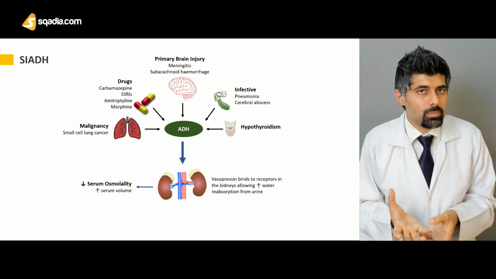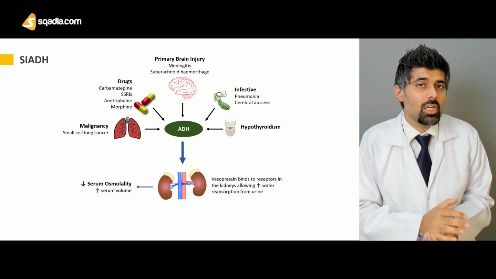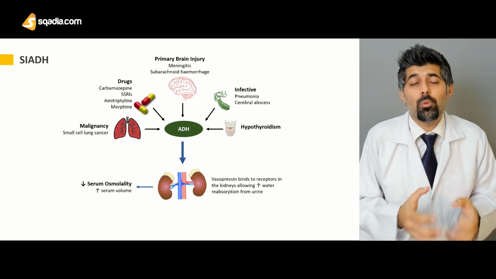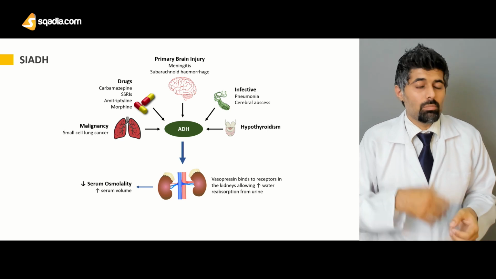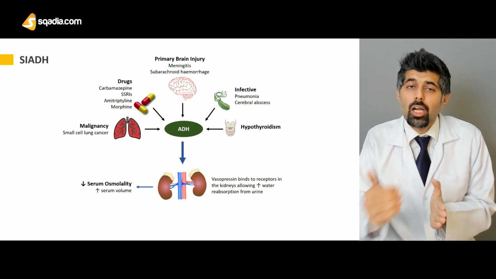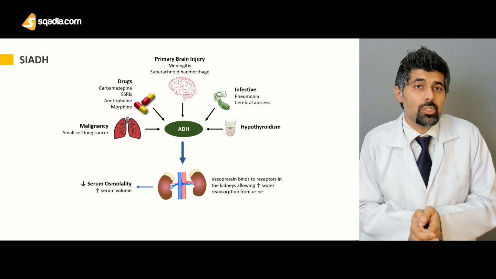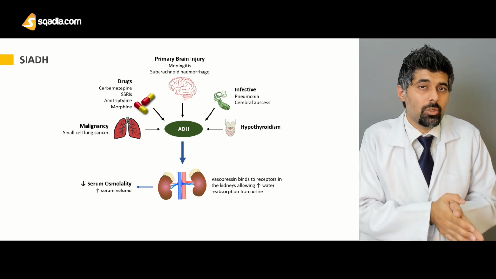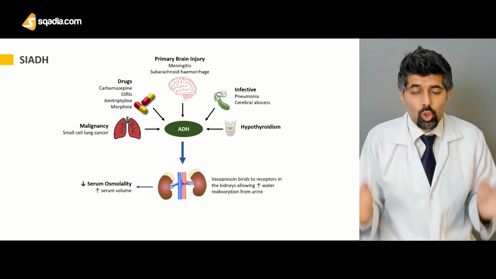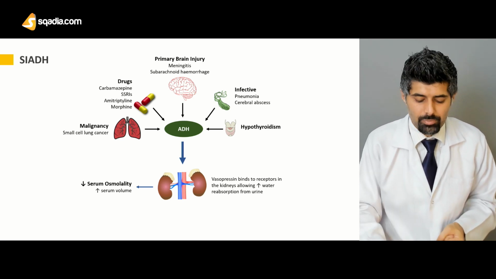Now, one of the common ones is that because of the increased ADH secretion, there is dilutional hyponatremia. Because of the dilutional hyponatremia, there's decreased aldosterone secretion. So decreased aldosterone secretion and dilutional hyponatremia are two of the most common symptoms associated with SIADH.